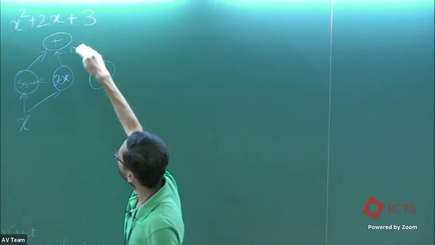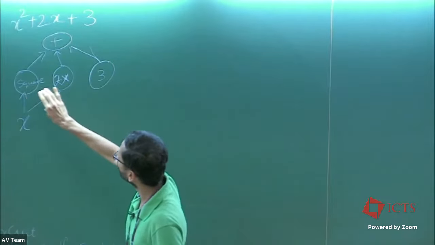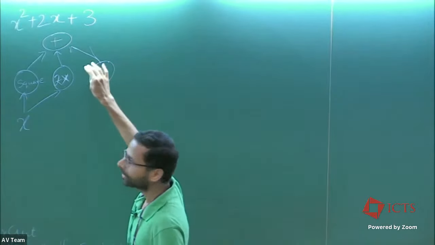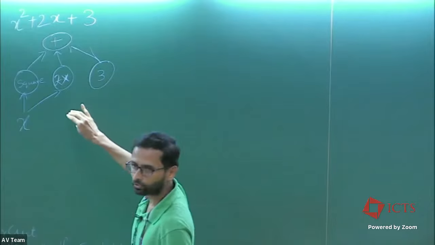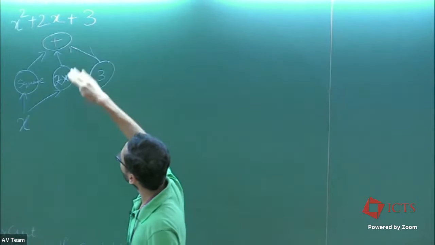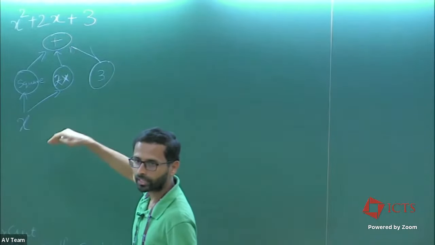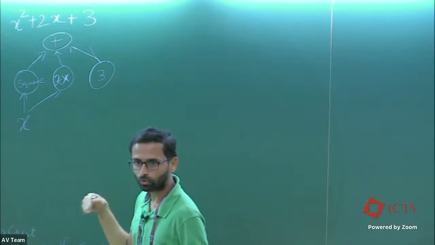You compute forward, which is called forward propagation. And then if you store all the values you had, you can do what is called back propagation. The time taken to compute the function is one forward propagation. The time taken for computing the gradient is one backward propagation, in addition to the forward propagation.